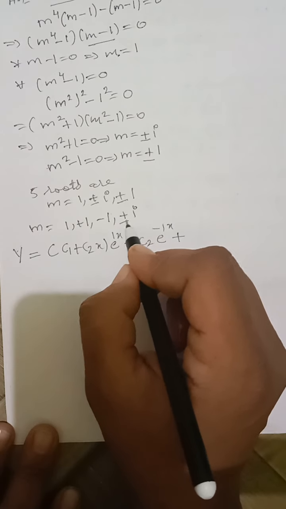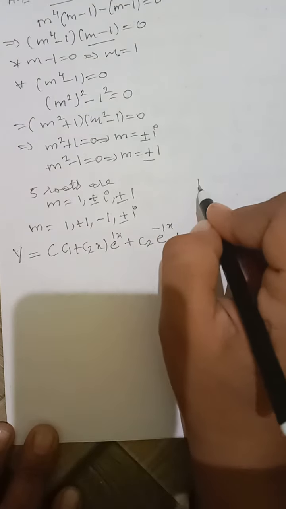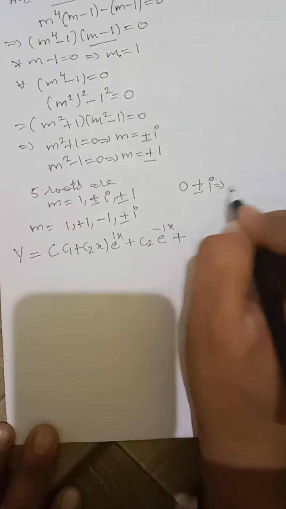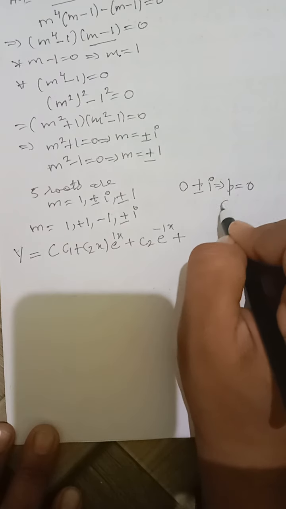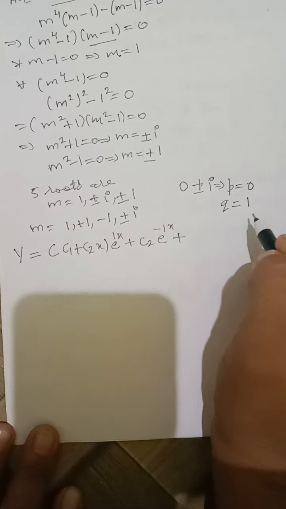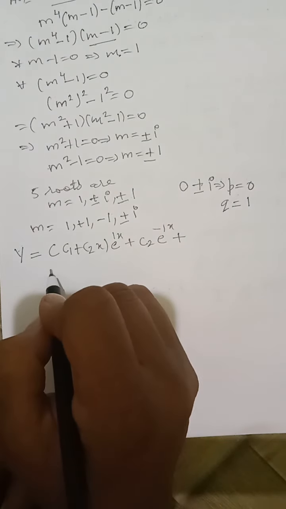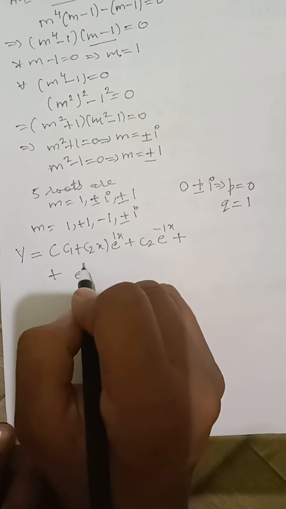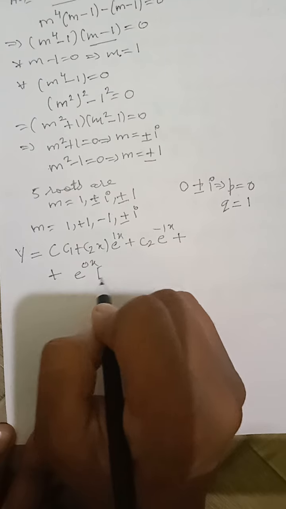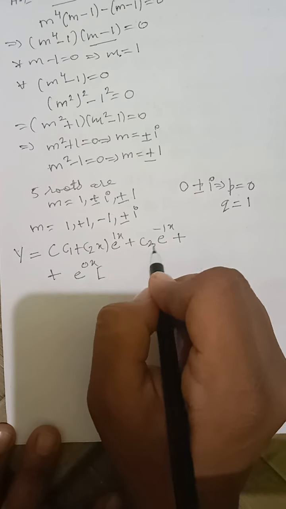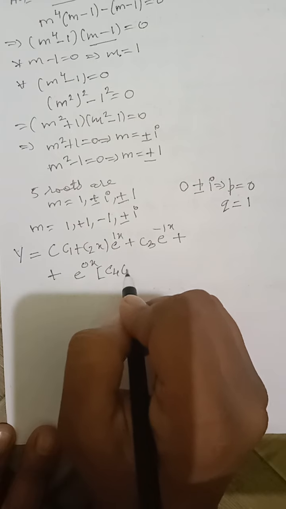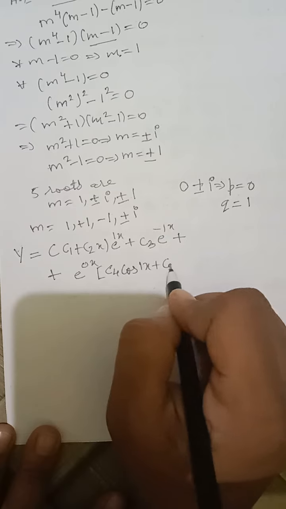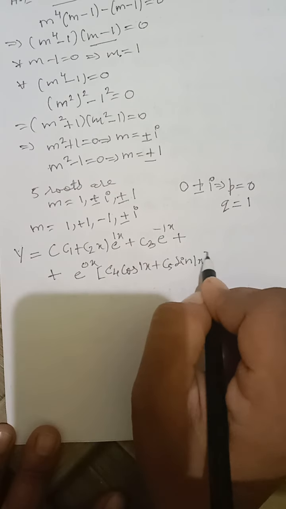For plus or minus i, the real part p is 0 and the imaginary part q is 1. So with this, we write the complementary function as e raised to 0 into x into the bracket c4 cos 1x plus c5 sin 1x, right?